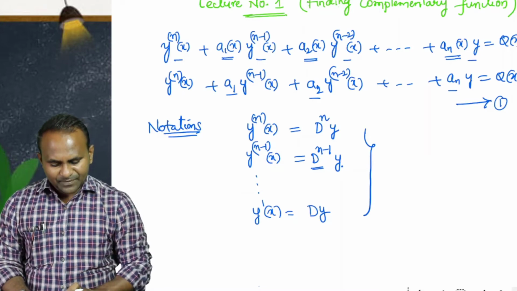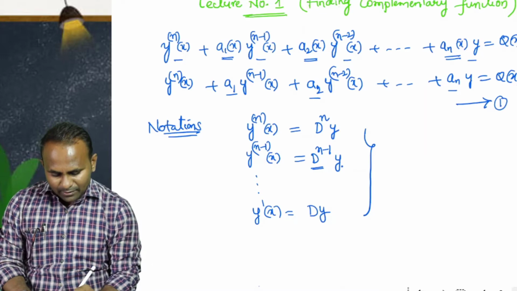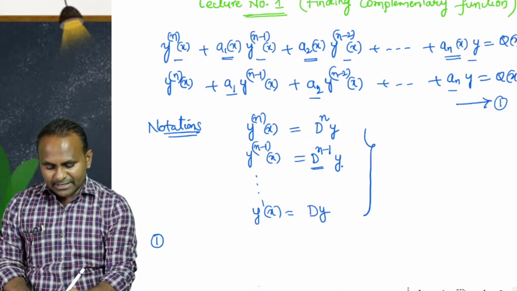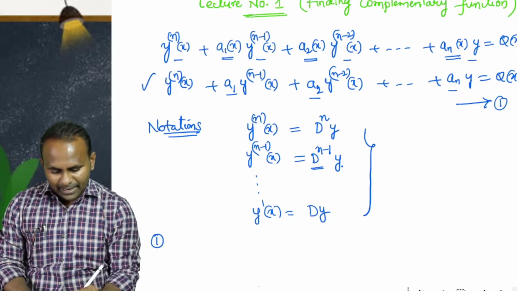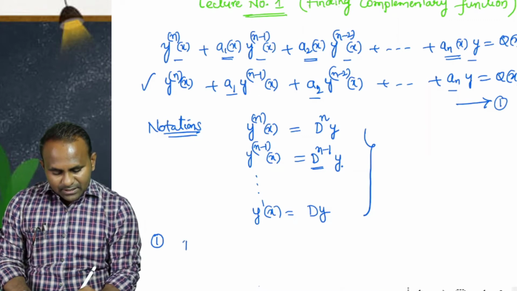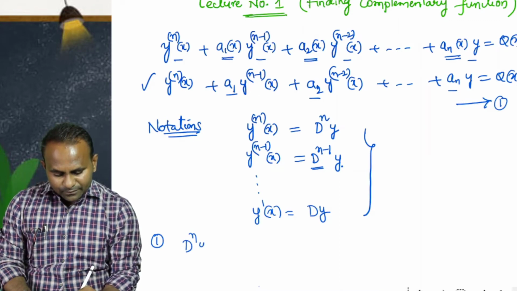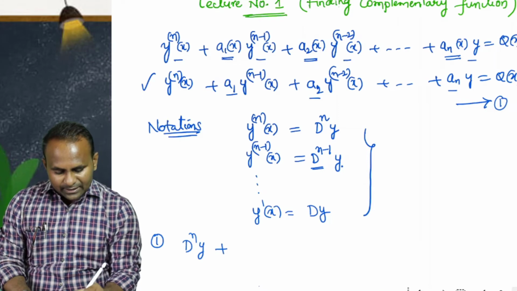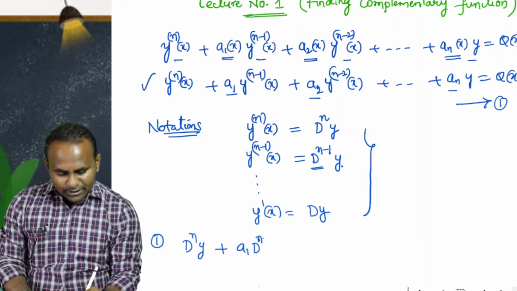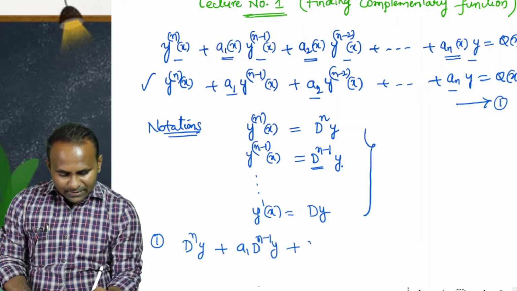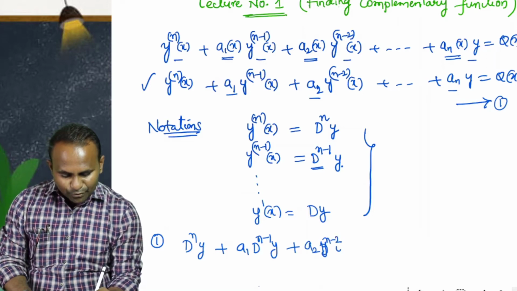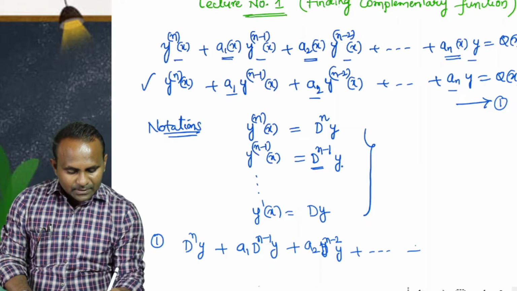With these notations, the equation 1, whatever we have written, will be: D power n y plus a1 D power n minus 1 y plus a2 D power n minus 2 y, and so on, plus an y is equal to q of x.